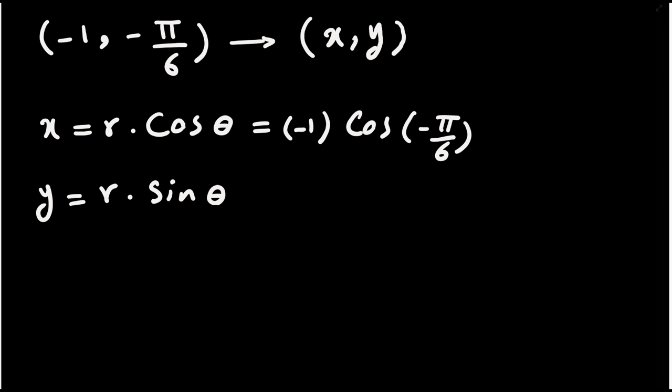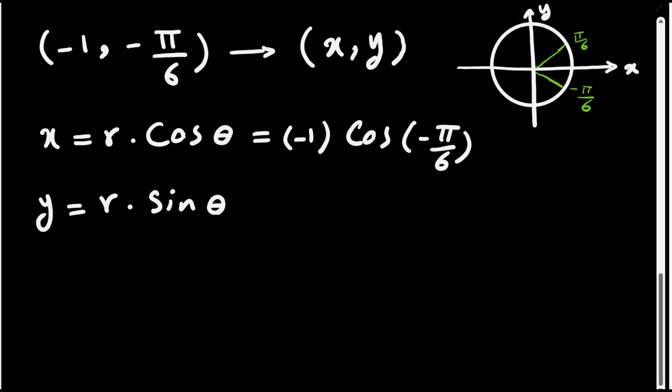For this purpose, consider the unit circle. Here is pi over 6, and negative pi over 6 is in the fourth quadrant. You know that cosine of pi over 6 is positive, and cosine of negative pi over 6 is this amount, so again it is positive.